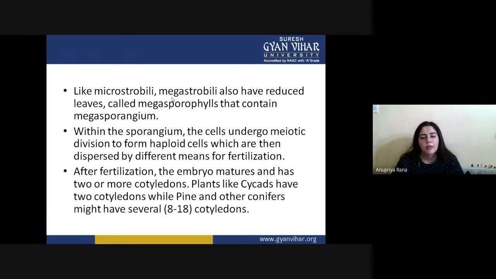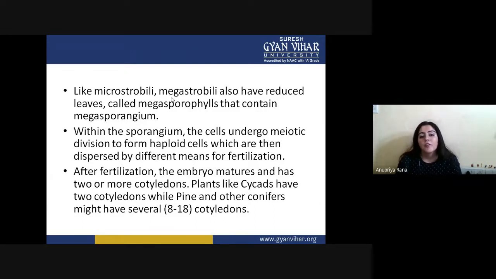Why do they protect them? Because it is the unit where meiosis takes place. As a result of meiosis, if it is a microsporangium, it forms the male gametophyte, and if it is a megasporangium, it forms the female gametophyte. So this process of gamete formation takes place inside these sporangia.